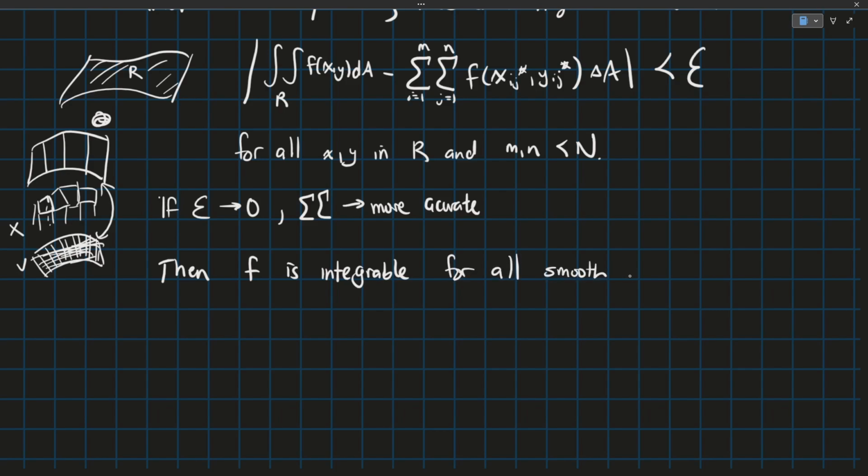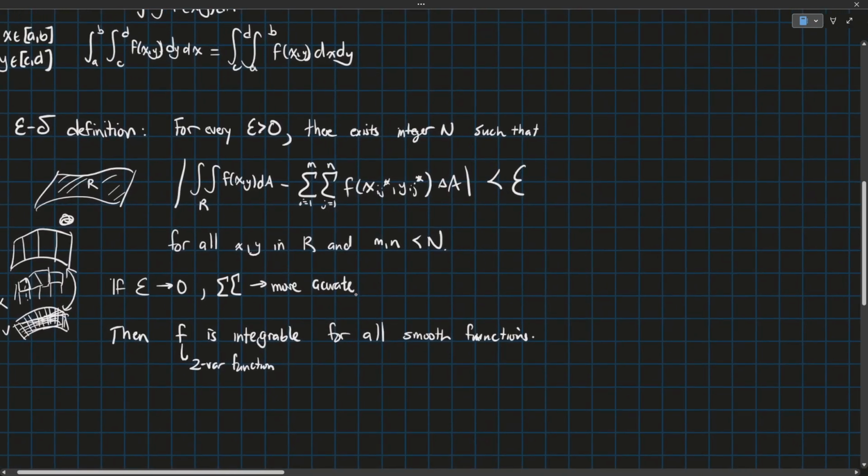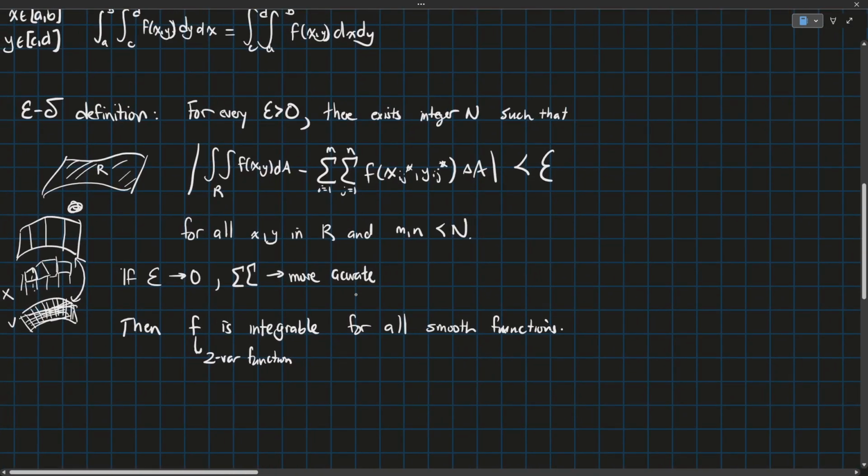And in this case, f refers to the two-variable function. So this is basically the delta-epsilon definition for why or how this can exist, right? So we're saying if between the exact value and the estimate, it's accurate enough, then f is integrable. Okay.